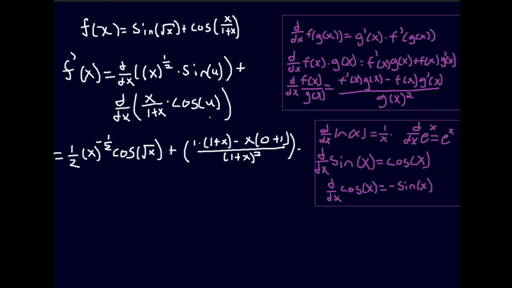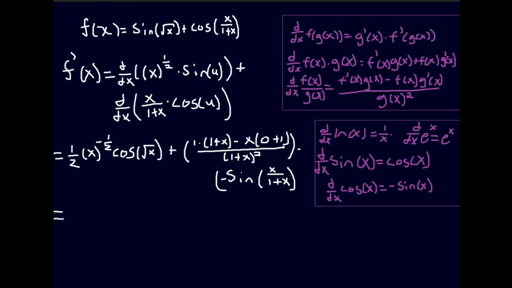Then this is multiplied by the derivative of cos of u, which, plugging in the u, is negative sine, because the derivative of cos is negative sine, of x over 1 plus x.